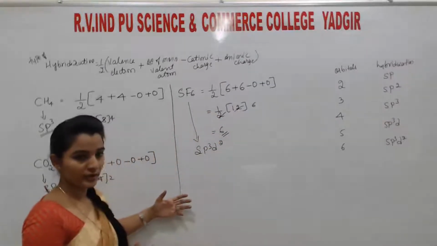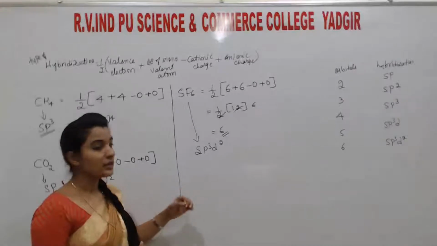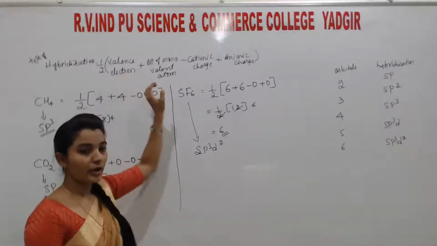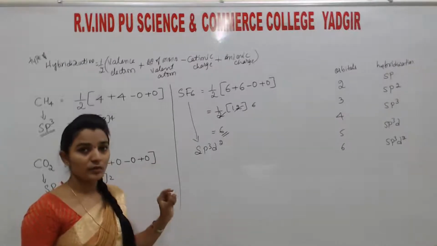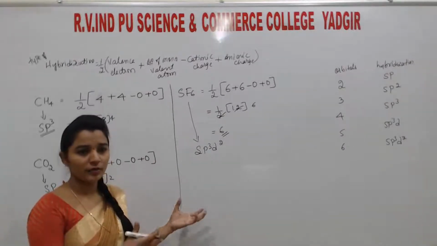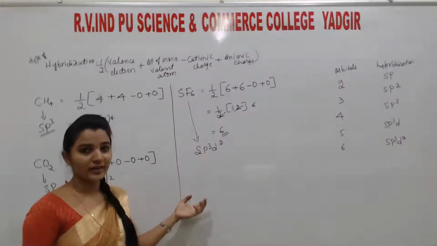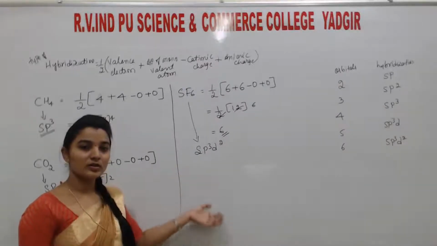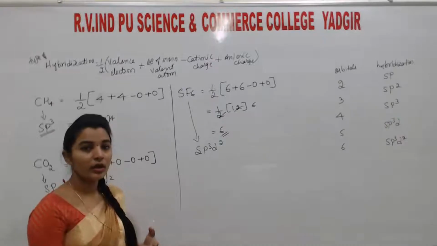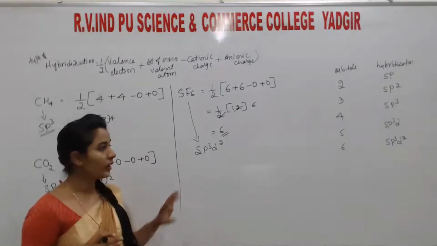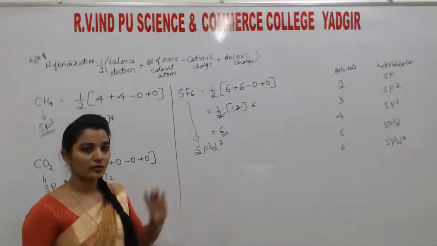Just now we discussed the simple formula to calculate the hybridization of the molecule, which is very important in the NEET examination, not for board. In board you cannot calculate like this. You need to write the box diagram, take the electronic configuration, excite the molecule, and later show the bonds forming, the sigma bond and also the pi bond.